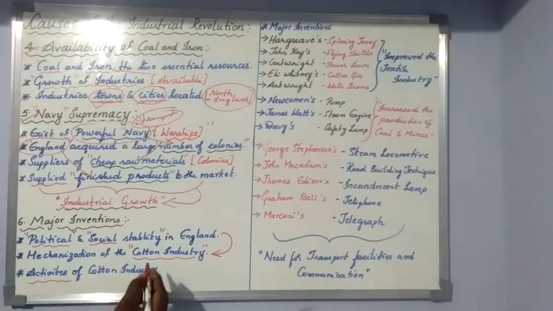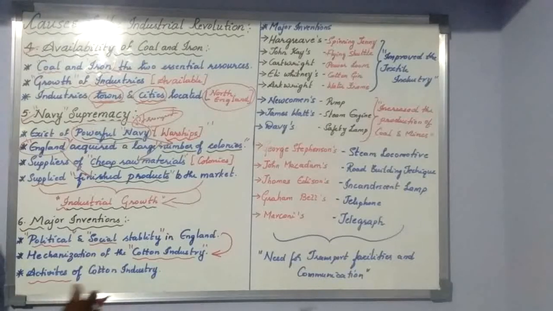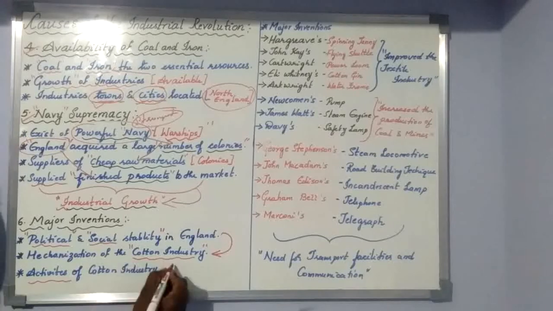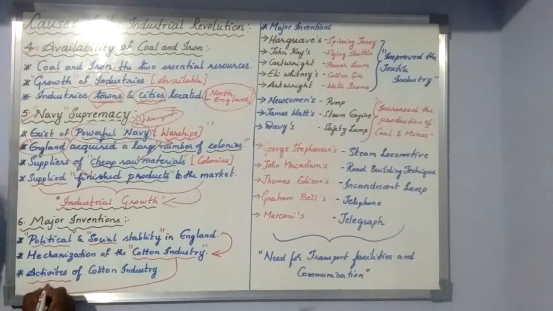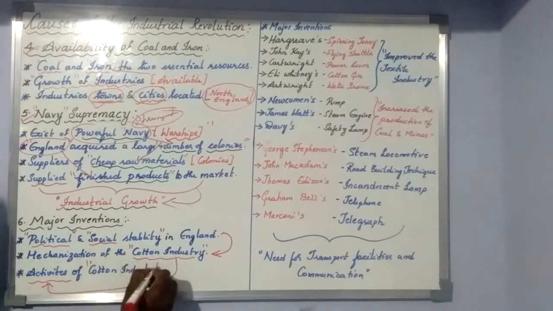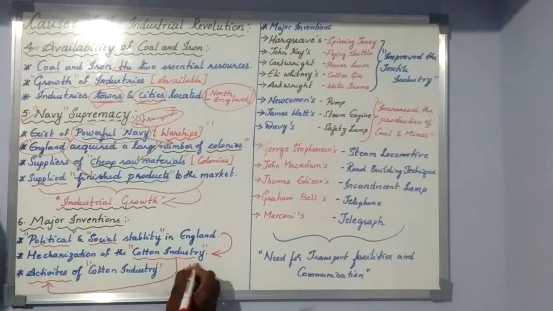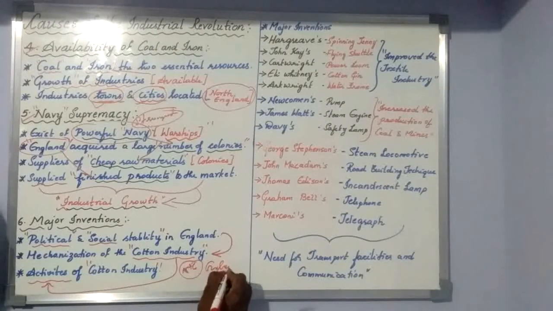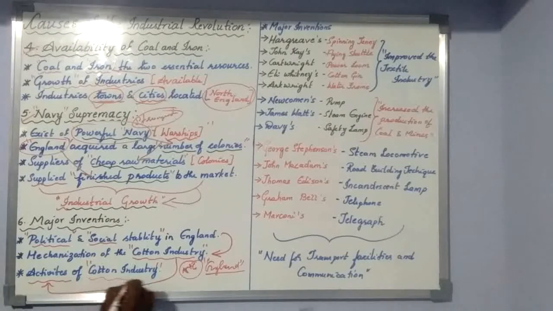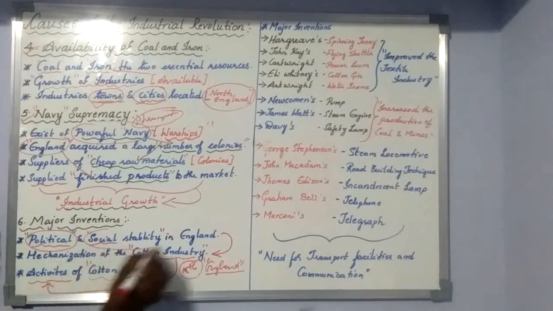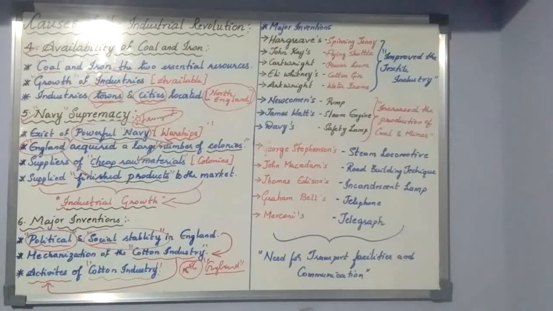Why was it aiming only at inventions related to the cotton industry? Because the activity of the cotton industry was greater in 18th century England, and they were getting great income. So they wanted to develop the cotton or textile industries, and for that purpose they thought of major inventions using their political and social stability.